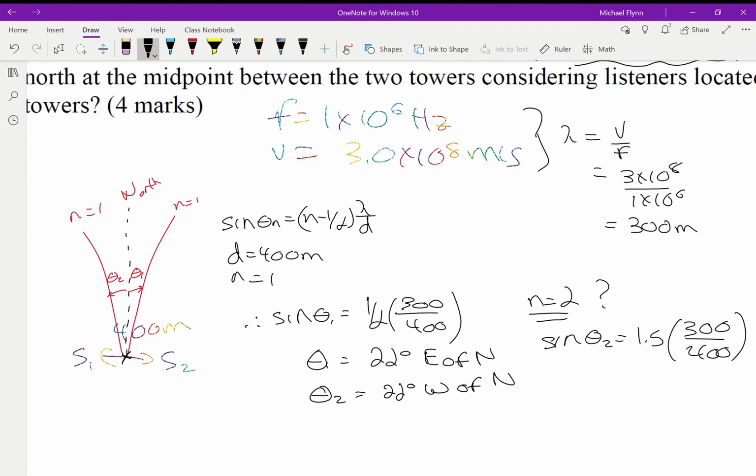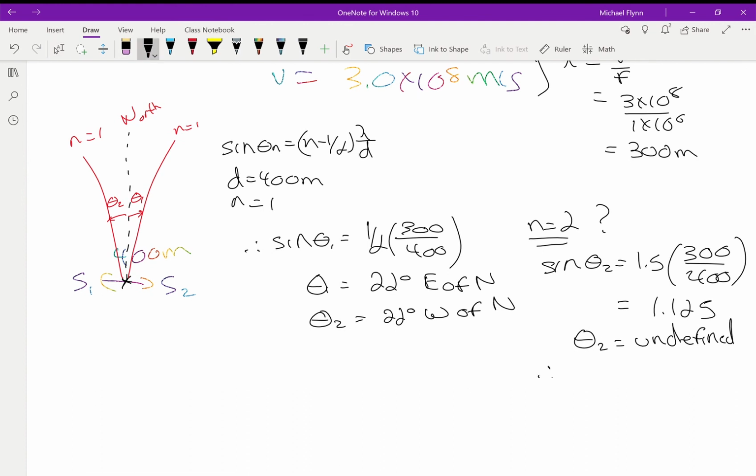If I go 1.5 times 300 over 400, I get 1.125, and then theta 2 is undefined. I cannot take the inverse sine of that; try it on a calculator, it will just say error. That means there's only one nodal line in this configuration.